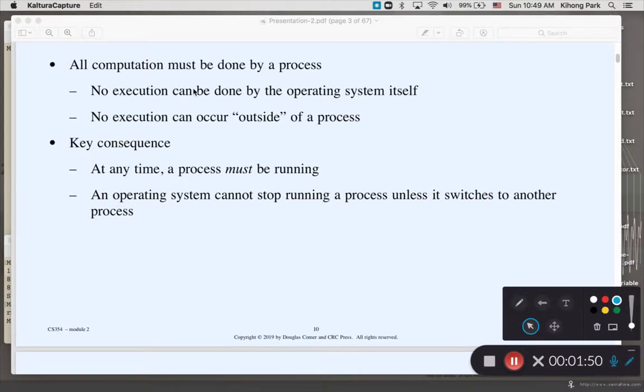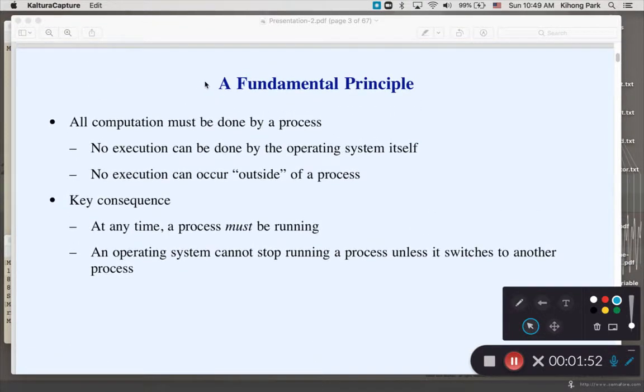All computation must be done by a process. So this is a fundamental OS design principle that we will follow here. It is a principle that's also followed by other operating systems like Linux, Windows.